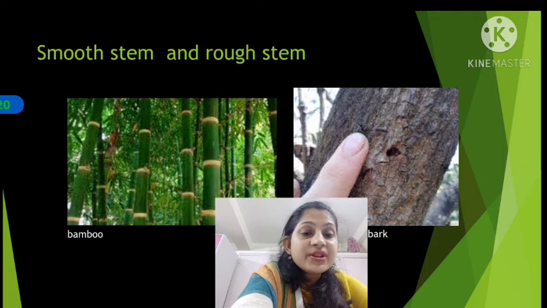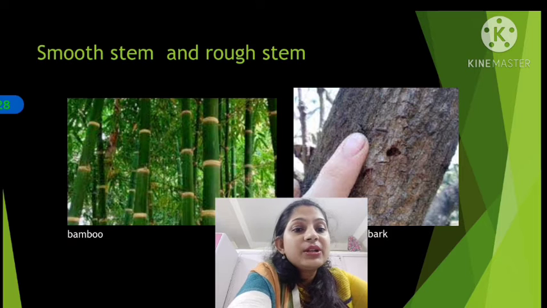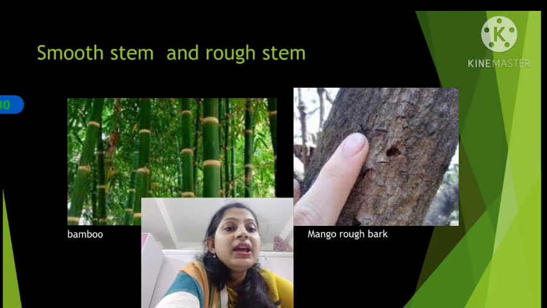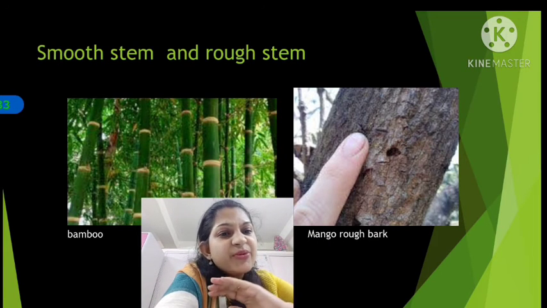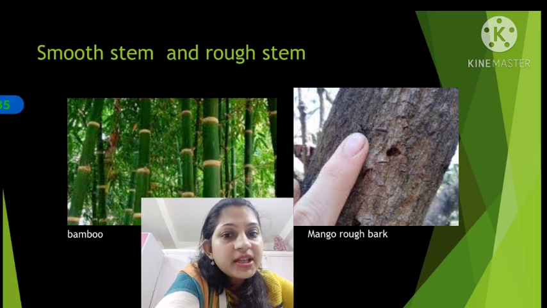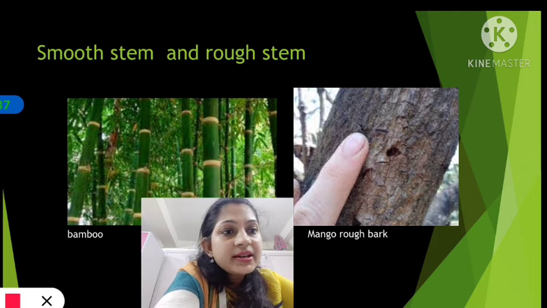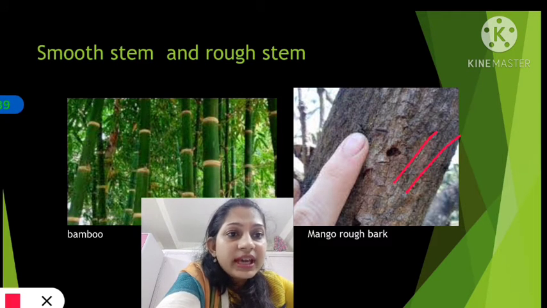Some of the stems are smooth stems. Bamboo. See the spelling of bamboo, B-A-M-B-O-O, bamboo. And some stems are very rough. You can see in the picture here, the stem is very rough.